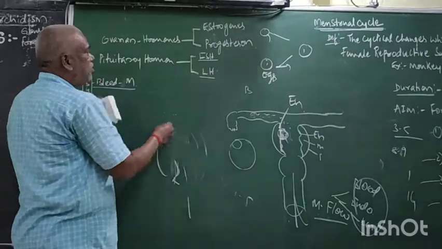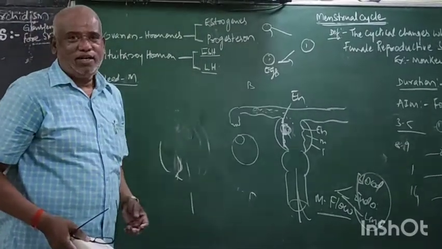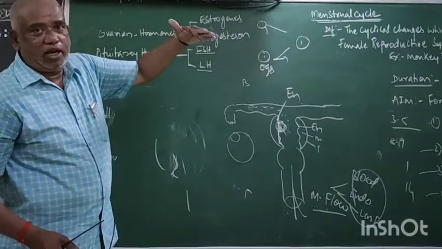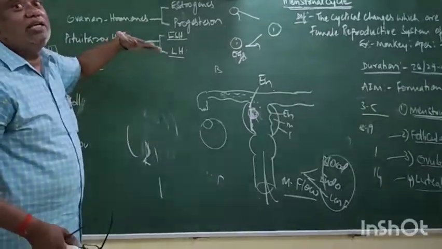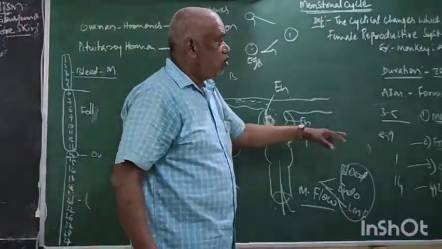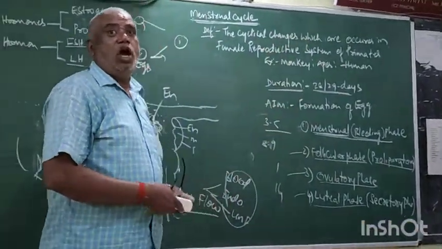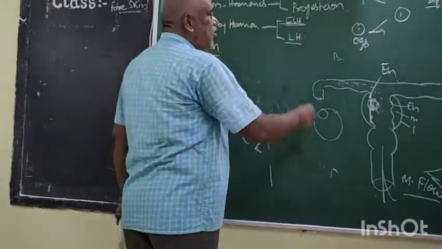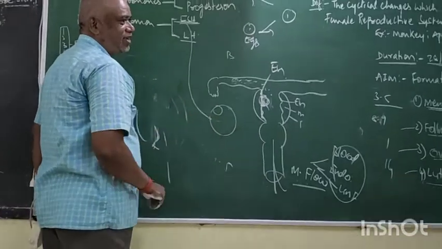FSH and LH, pituitary hormone levels gradually increase. 6th day, 7th day, 8th day, 9th day. These 2 hormones, pituitary hormones, increase during the follicular phase. Gradually increase. Alright. Now, what is FSH? This FSH, through the blood, enters the ovary.